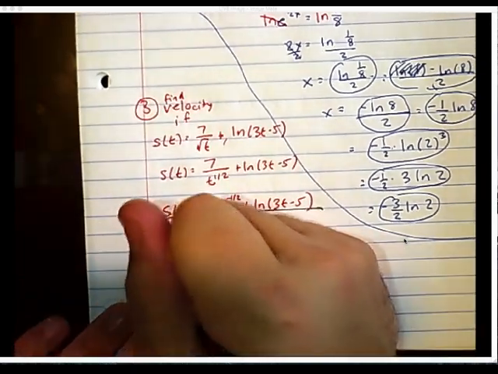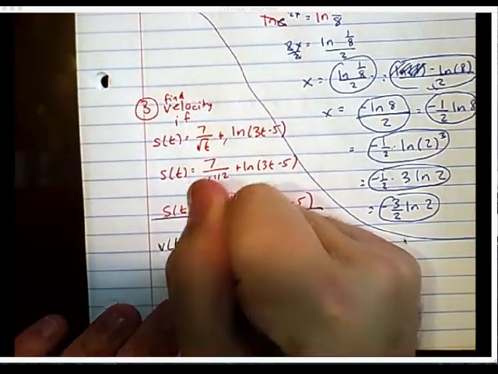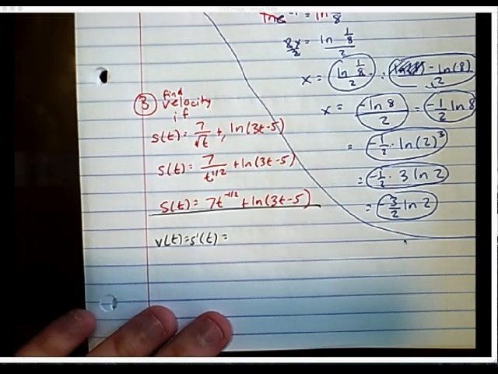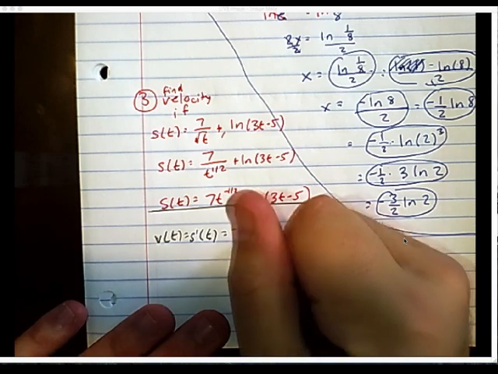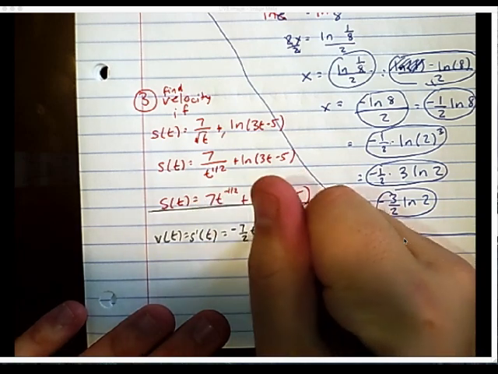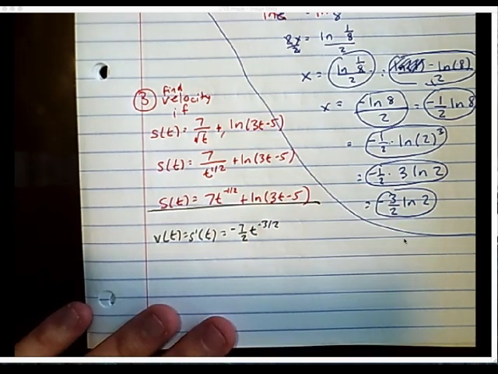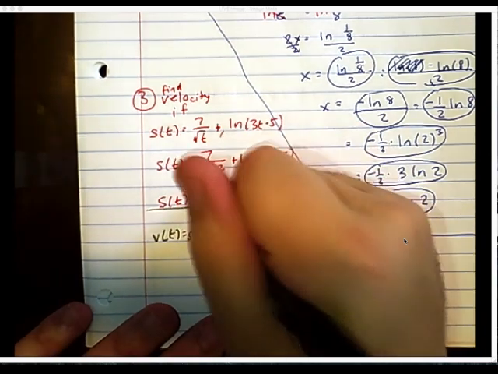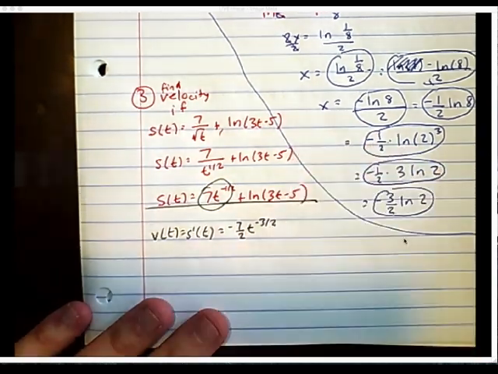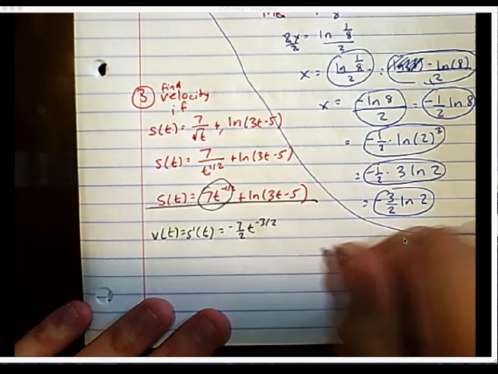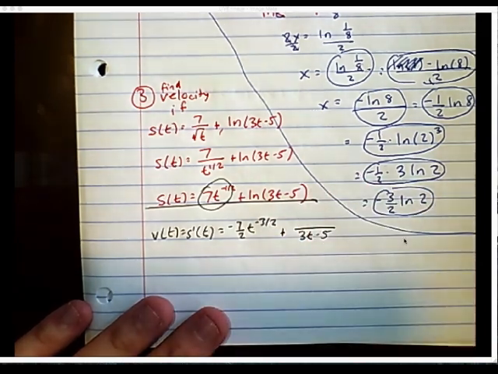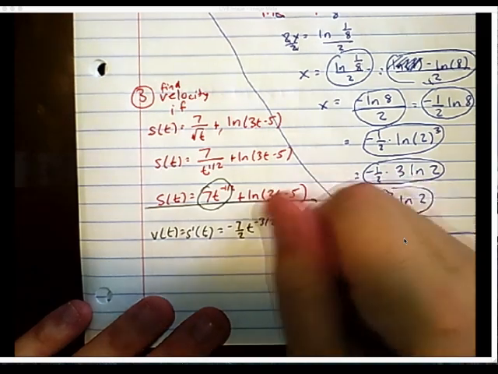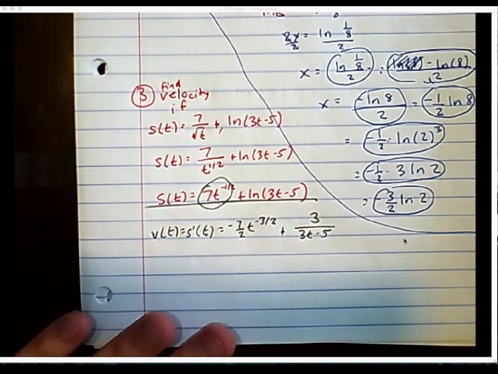We know that the velocity is equal to the derivative of position. So 7 times negative 1/2, that's negative 7/2. Reduce the power by 1, that would be negative 3/2. That's the derivative of this term right here. All right, how do I take the derivatives of natural logs? We know we're going to have a 3t minus 5 in the denominator. What's the derivative of that thing? Well, it's simply 3.